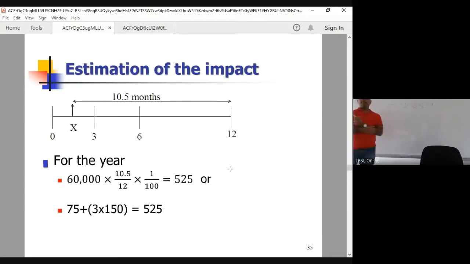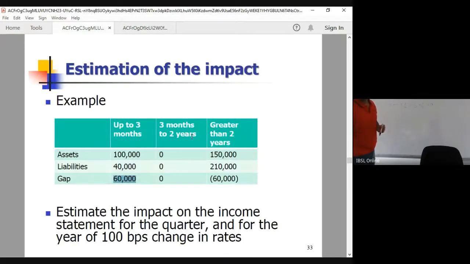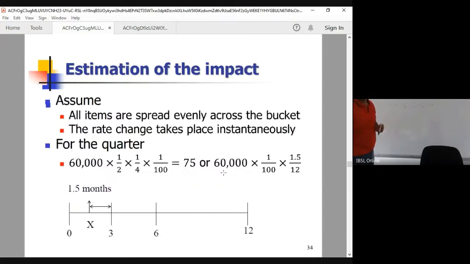So then you look at the period from, now you've looked at 0 to 3 months. Your next lot is, now we've got to figure out the period that is in between. So what were the 3 periods we had? We had 0 to 3 months, we had 3 months to 2 years, and we had greater than 2 years.